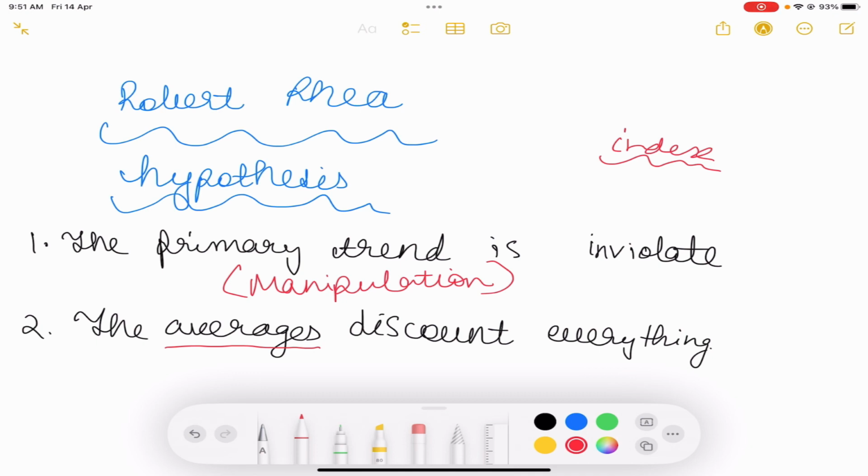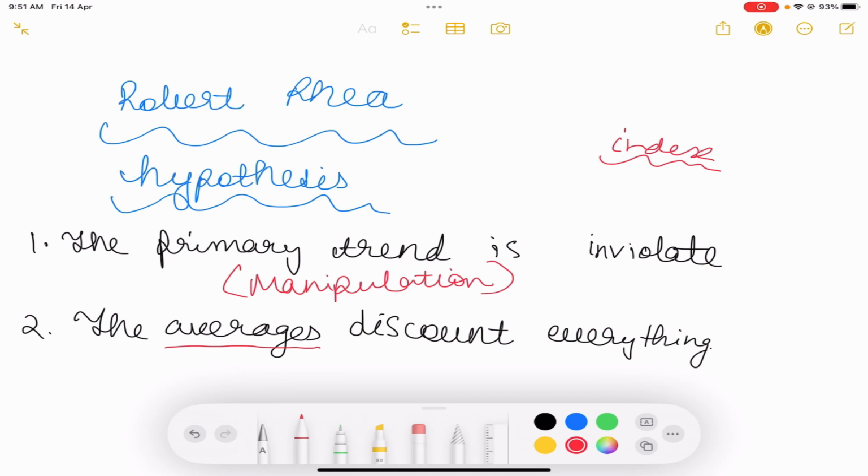If you remember, in the previous chapter, we saw one of the assumptions that the prices discount everything. So we are going to use the same concept over here. The Dow theory states that the averages, all the indices, always discount everything, which means all the information which is available is reflected in the index.